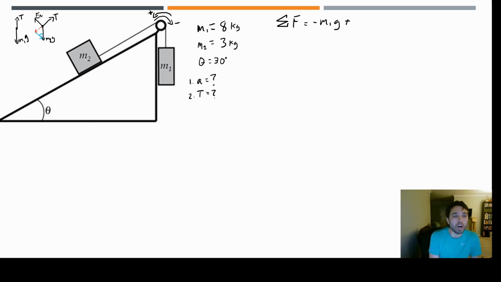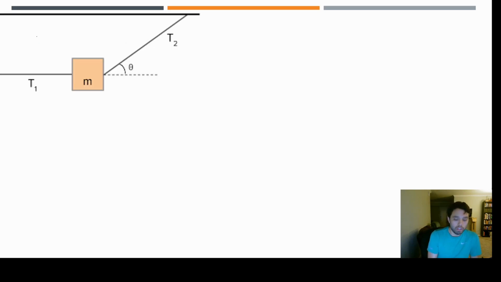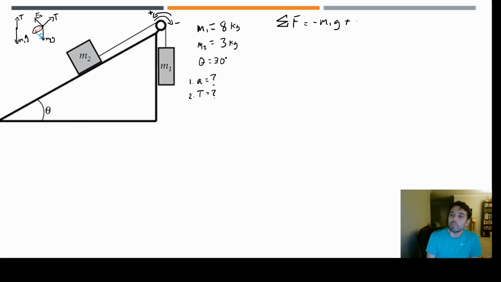It's going to be this component of M2G because that's the one that's actually going down the ramp. The other component here is being canceled out by the normal force, right? It's not actually causing our block to accelerate. It's going into the ramp. We want the one that's pulling us down the ramp. So we're going to look at M2G sine theta, okay?